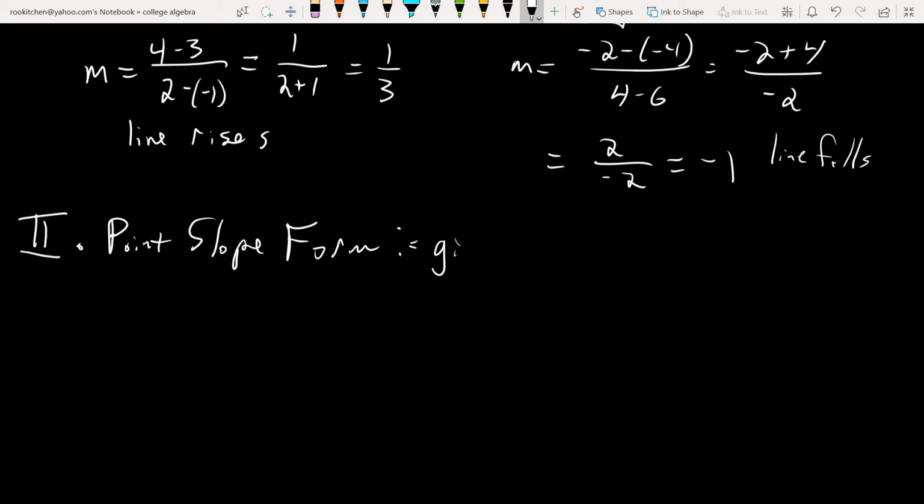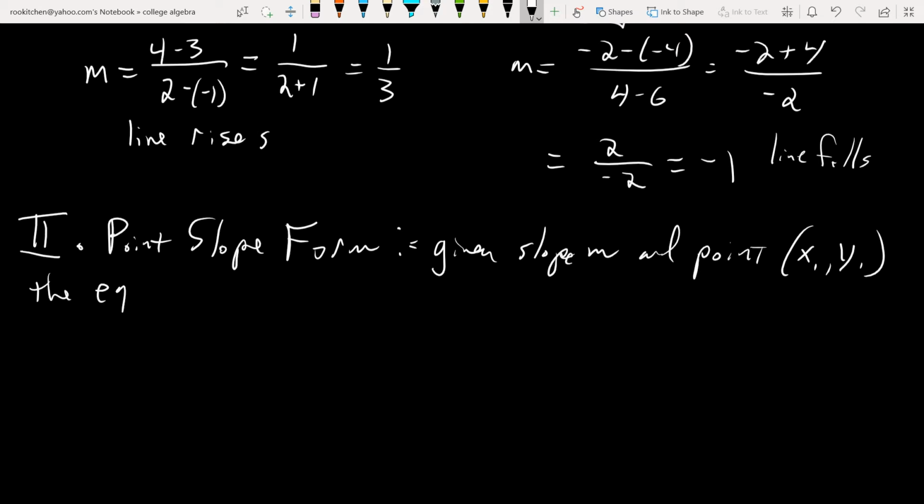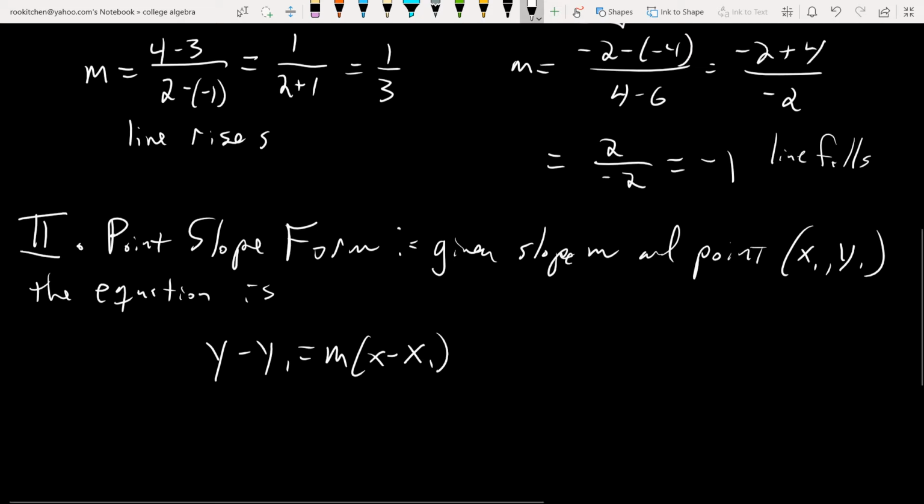Okay, so given a slope and a point x1, y1, we'll call it, the equation is y minus y1 equals m times x minus x1. Okay, you'll need that memorized. You gotta have that memorized.